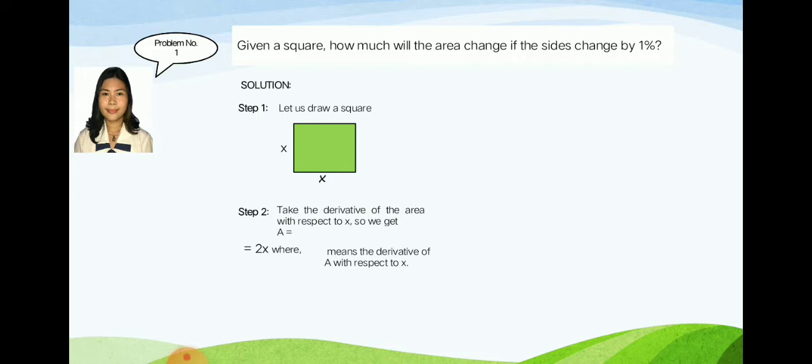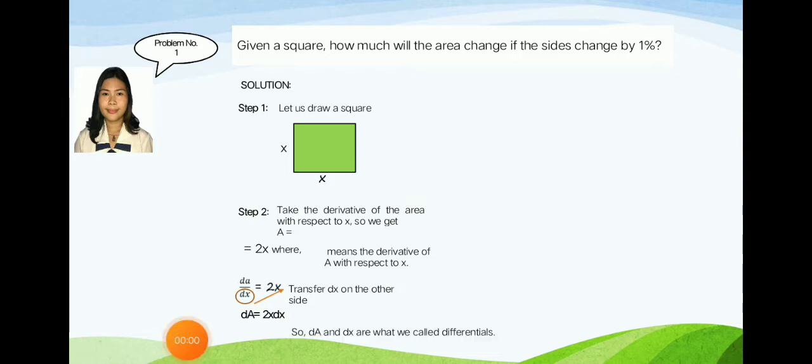To illustrate a little bit more, we're going to put the dx on the other side. In other words, we're going to multiply both sides by dx, and so we get dA is equal to 2x dx.